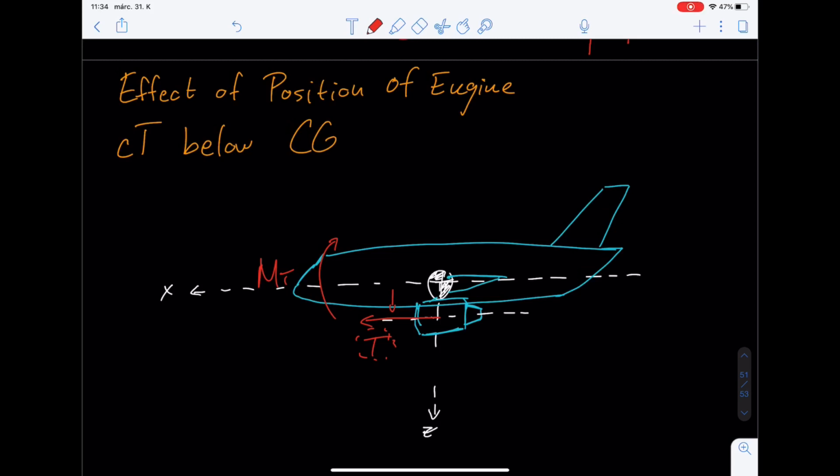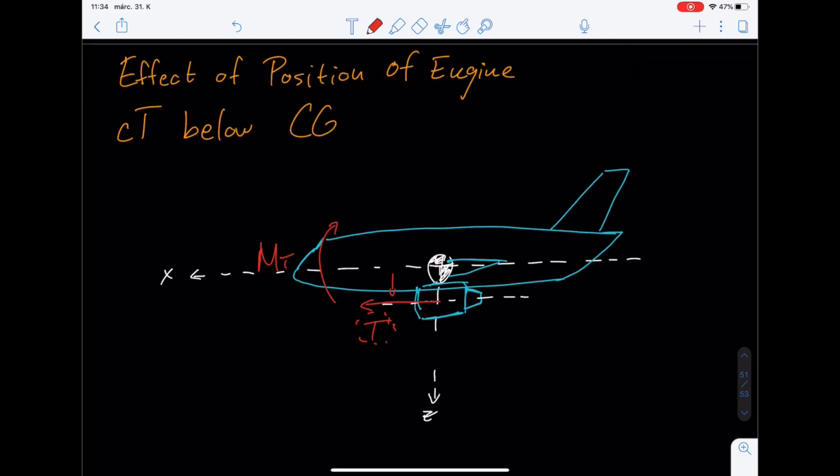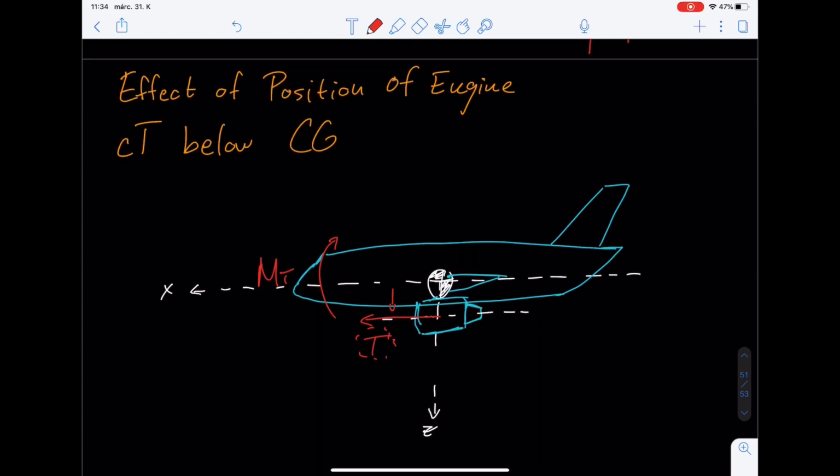Or for example, when you're doing a descent with low thrust setting and you have to go around for some reason, so in that case you initiate a larger power, so that's again going to increase the pitch up moment. So the aircraft is helping you to transition from the low power descent.